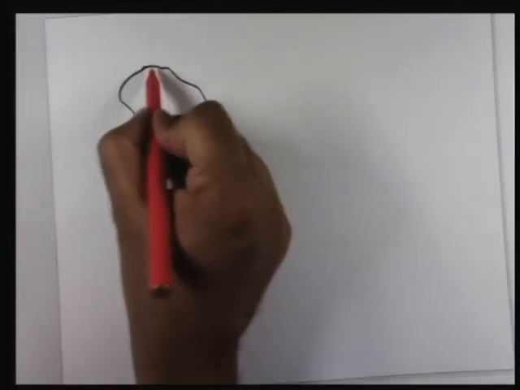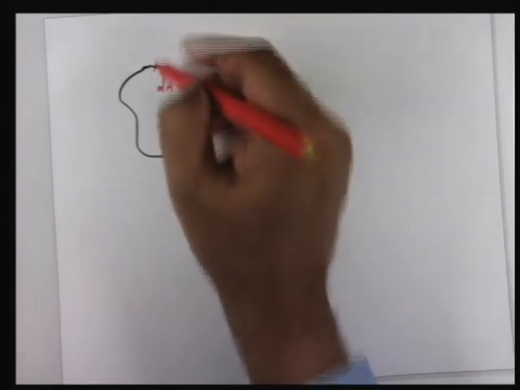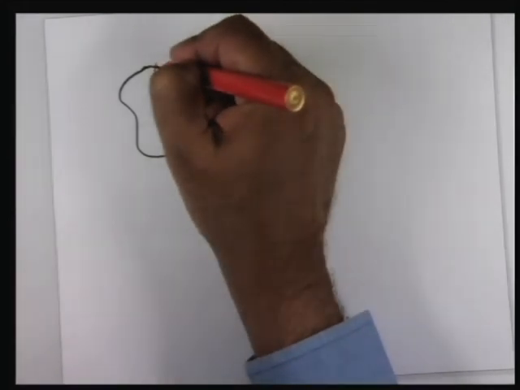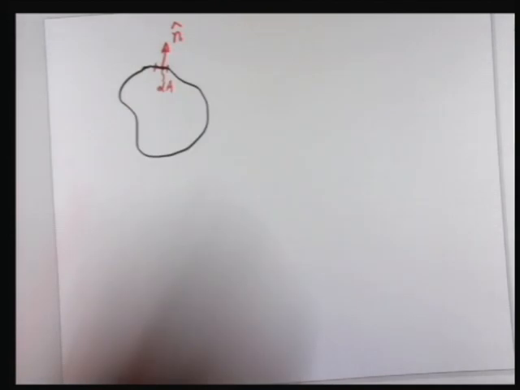If I take a small area element dA here, this is a curved surface, so each area element will have an outward normal pointing in a different direction. So this is the normal vector, perpendicular to this element.